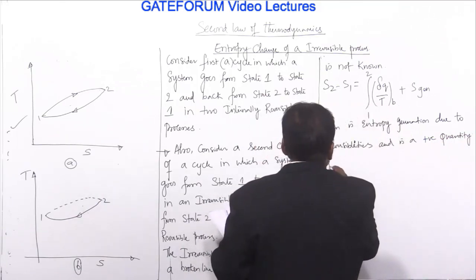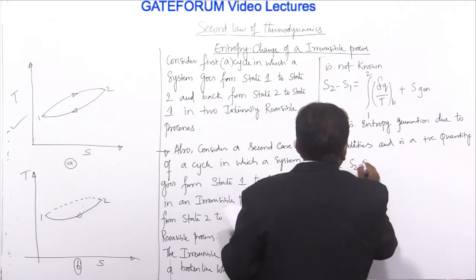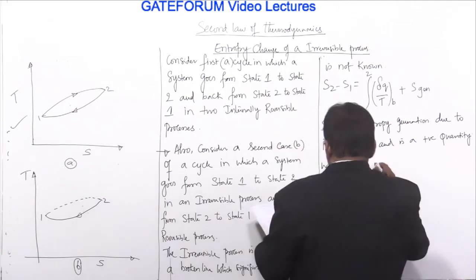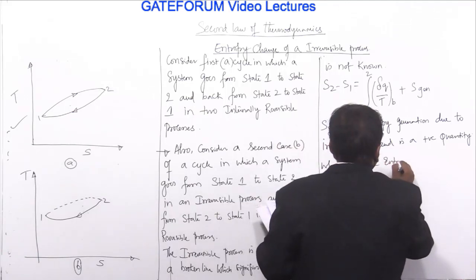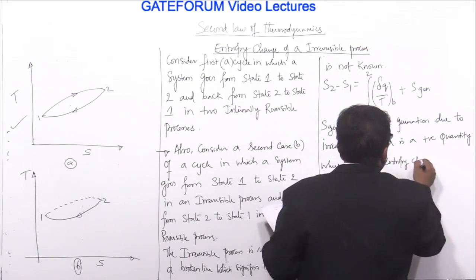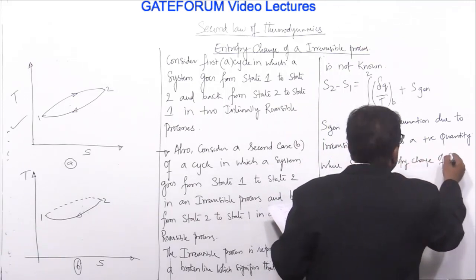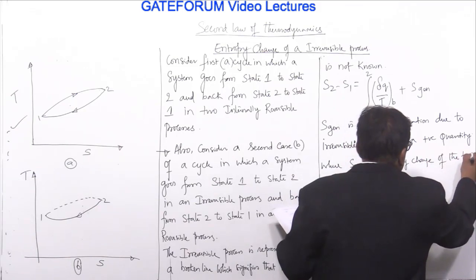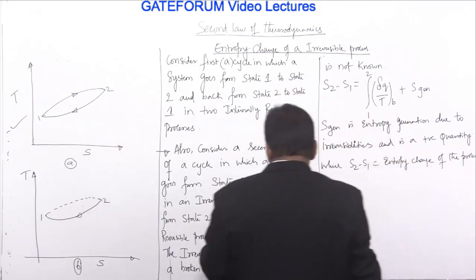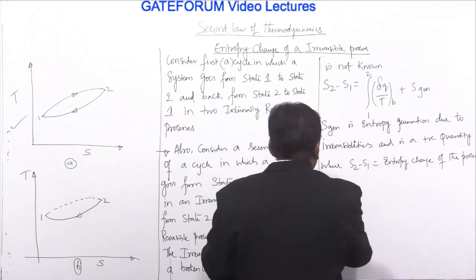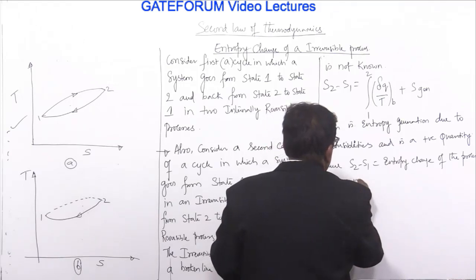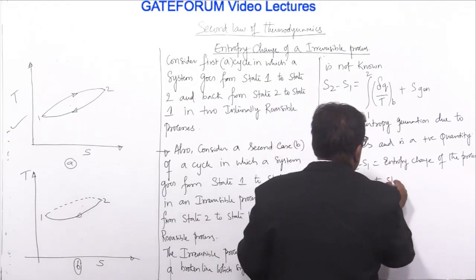Where S2 minus S1 is the entropy change of the process from state 1 to state 2. It's a very interesting one.